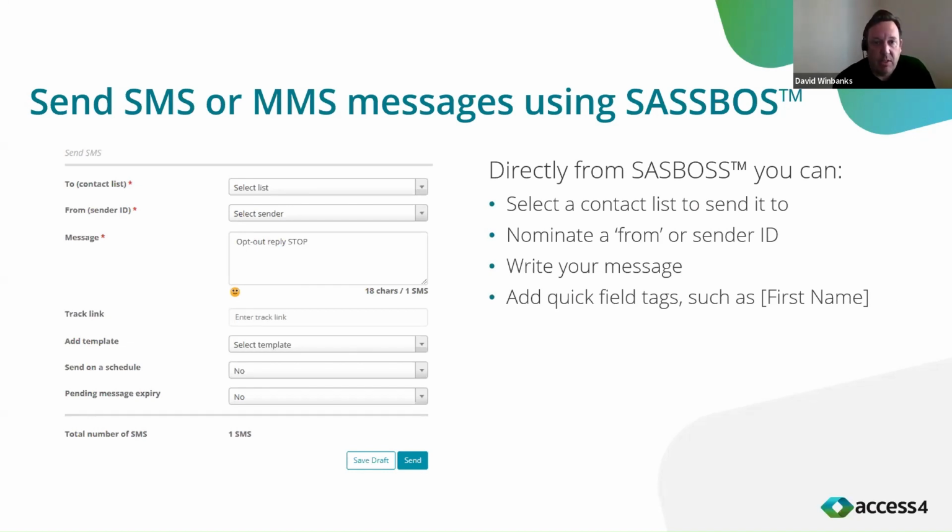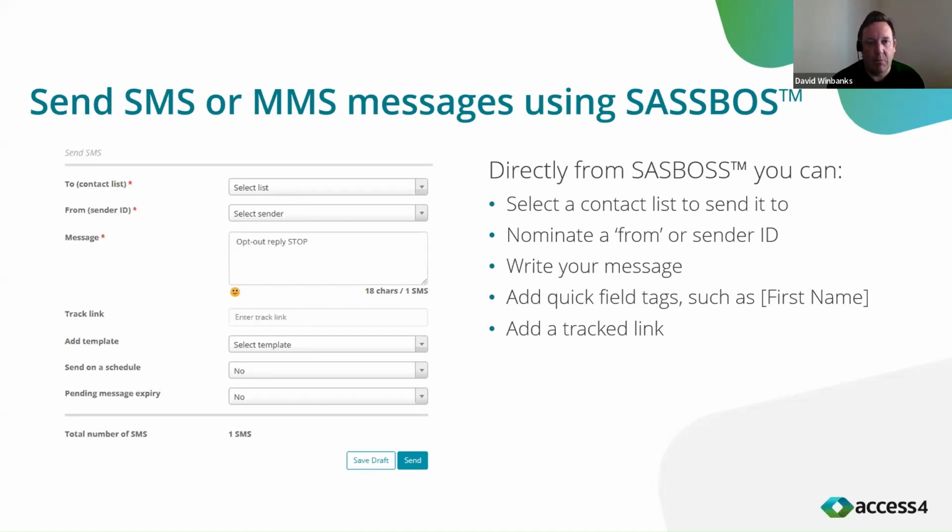Then there's a space, obviously, to write the message. The opt-out reply STOP is automatically there as part of the spam protection. You'll be able to add quick field tags, such as first name, so you can put that into your message, and you can see the character limit for SMS.